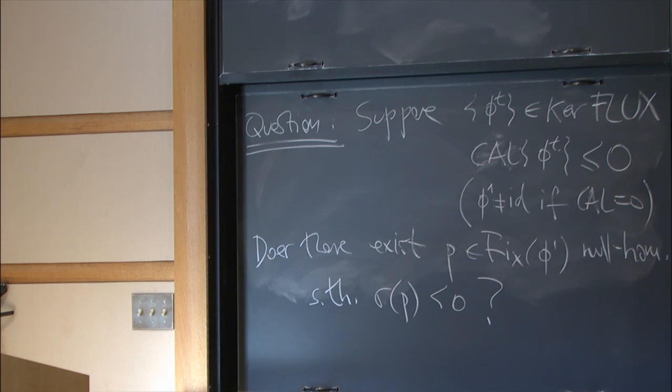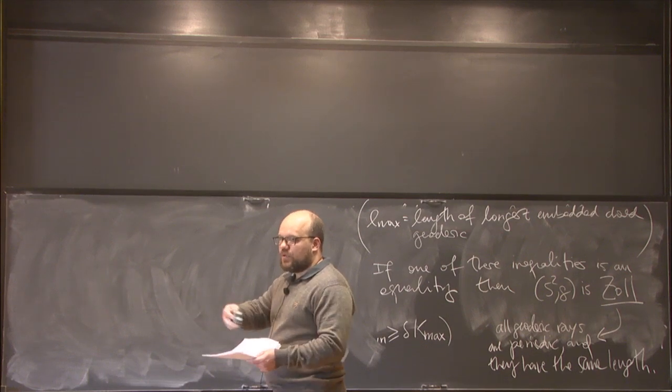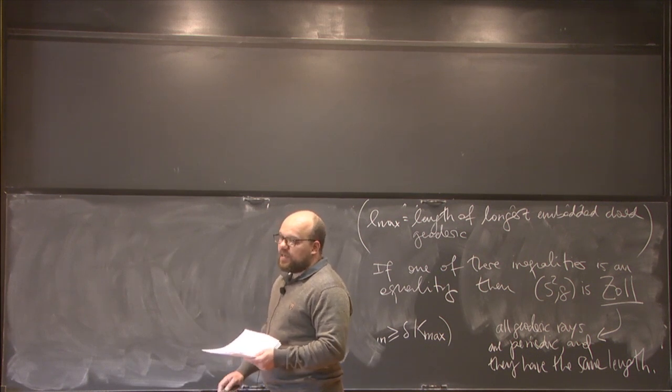Is there an actual way to come up with such isotopies? If you take a Hamiltonian, perhaps time-dependent, and your Hamiltonian turns out to be 0 on the boundary, and the non-trivial assumption here is in the case where the boundary has several components, if you take a Hamiltonian that's 0 on all boundary components, and consider the Hamiltonian isotopy generated by this, these are exactly the ones in the kernel of the flux.